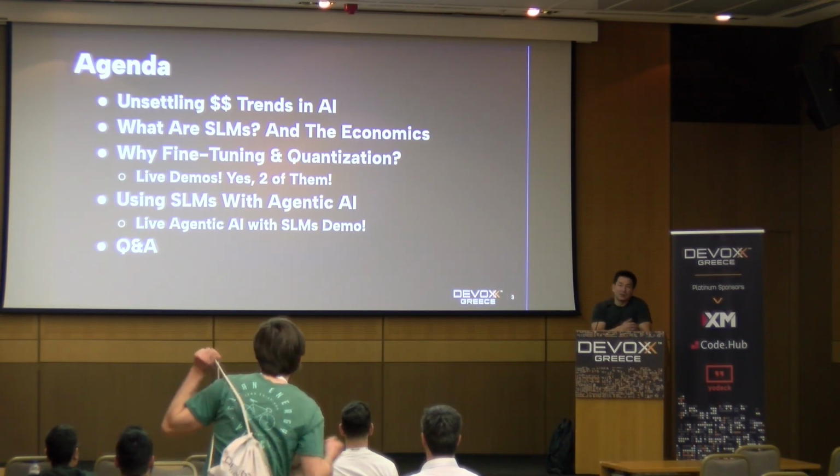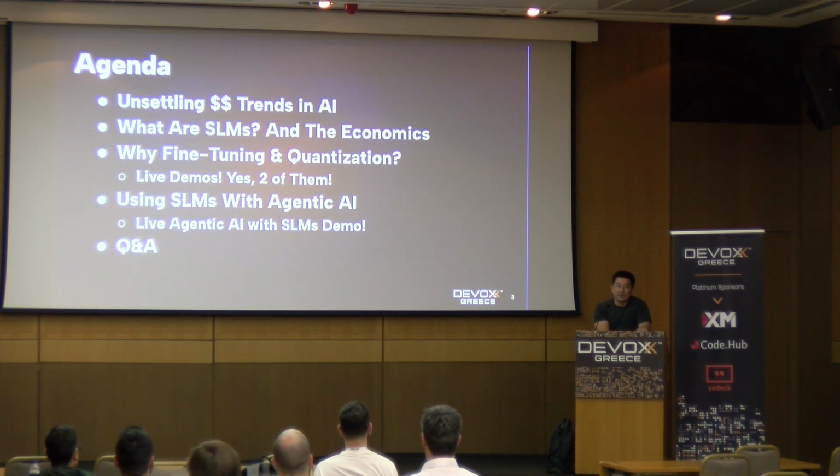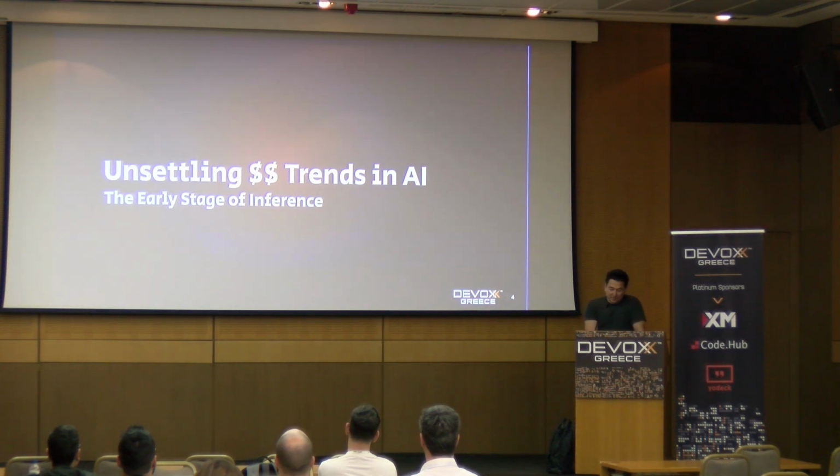This is the ability of imparting knowledge on small language models, and then reducing the size of these models so that you can run them even on laptops, whether they have acceleration or not. And then we're going to use those small language models in an agentic solution. So no hand waviness, an actual two agents with an orchestrating agent, so a multi-agent demo that'll hopefully work. We'll see. And then we'll have some Q&A at the end.